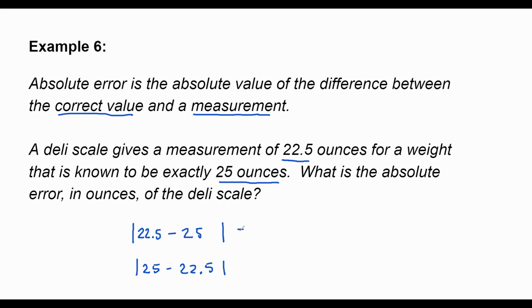Let's see how that works. If we do this subtraction, we're going to get the absolute value of -2.5. If we do it this way, we get the absolute value of +2.5. And in both cases, the answer is 2.5. Because when we take the absolute value of a positive number, it doesn't do anything. We can just rewrite it. It doesn't make it negative. The result of an absolute value will always be a positive number.